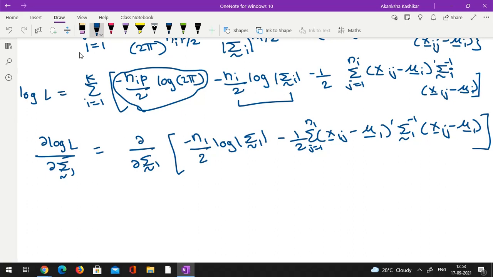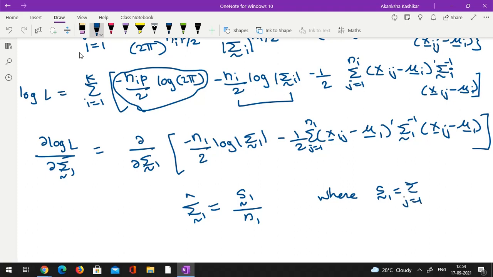So this part, we now know, is our usual multivariate log likelihood. We have already solved this when we were trying to find the MLE, and we would get sigma 1 hat as S1 upon N1, where S1 is the CSSP matrix computed from the first sample only, the sample coming from the first population.